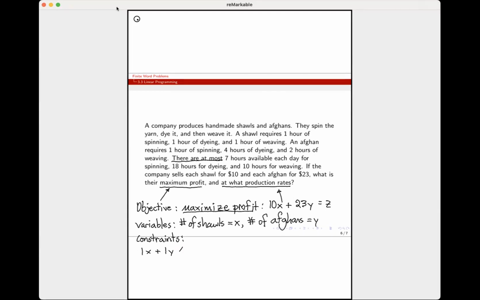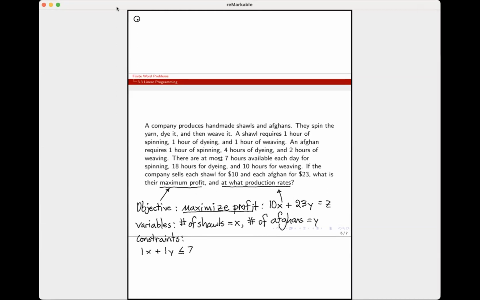So this should be less than or equal to 7. So it can be equal to, because there's at most 7 hours available, but it can't be any more than that. Okay, so that's the first one.